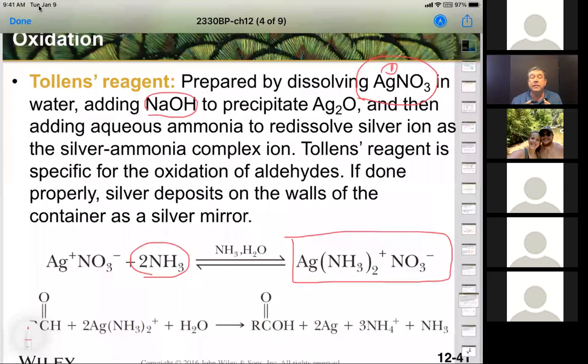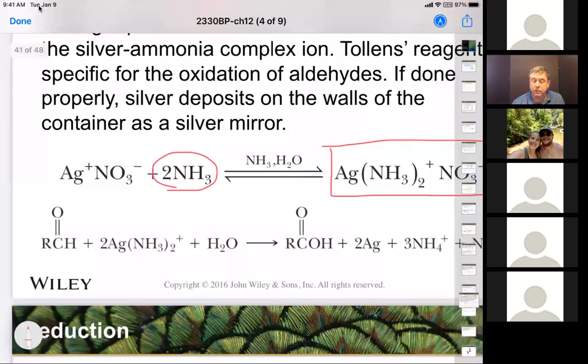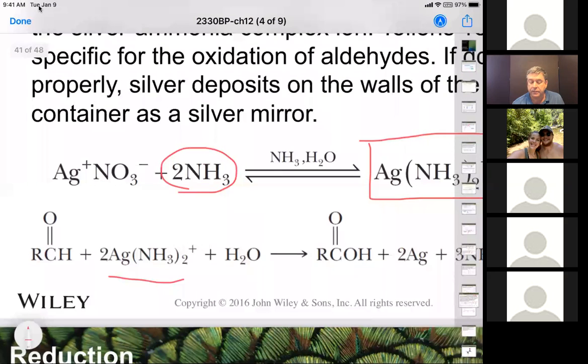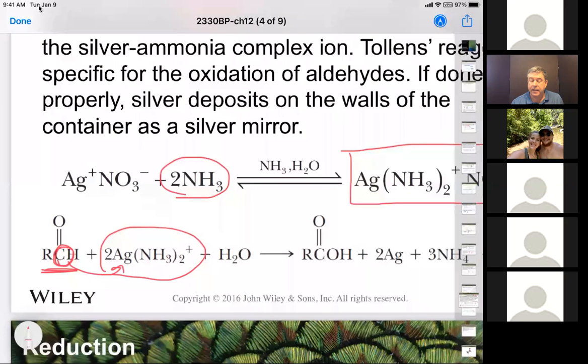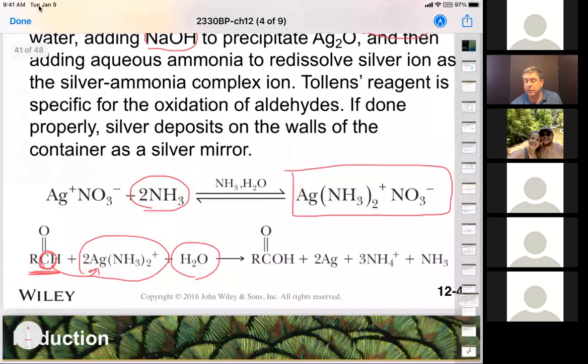Now the cool thing is that if we place that water soluble silver complex in the presence of an aldehyde, the silver wants to go back from being silver 1 to being silver 0. It wants to be silver metal. So it does this by oxidizing the carbon that the hydrogen is on here and converts this silver to silver metal, okay? And when it does that, it uses water in the reaction to make it a carboxylic acid.